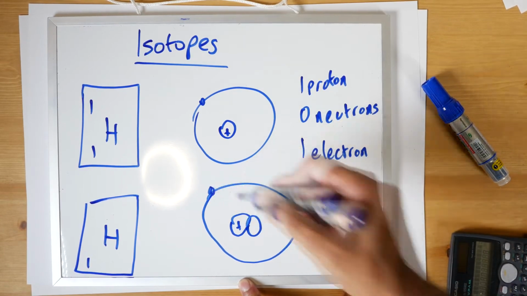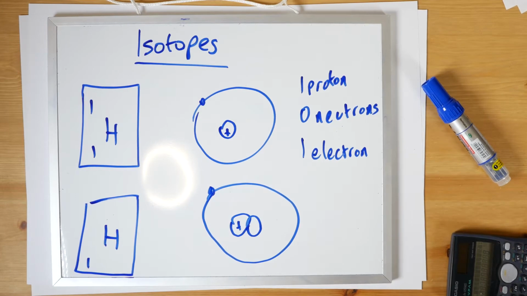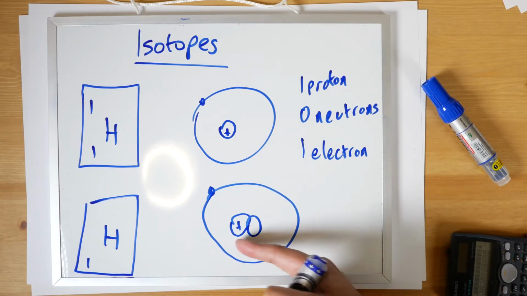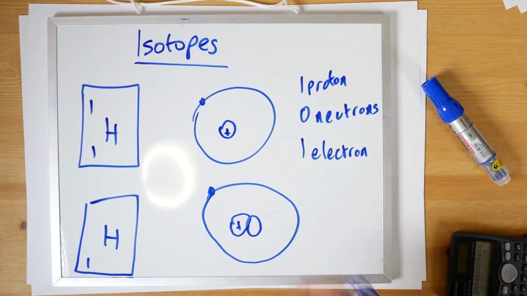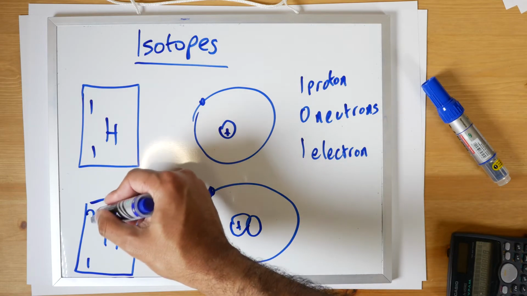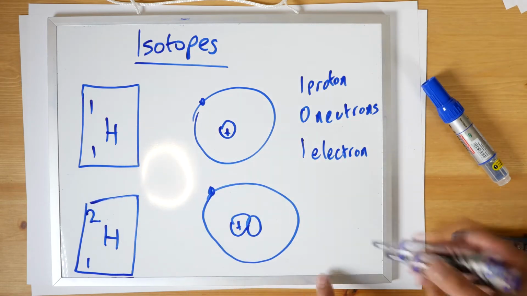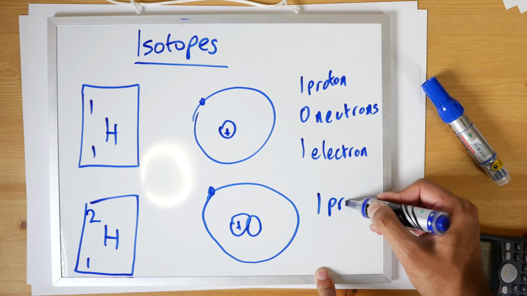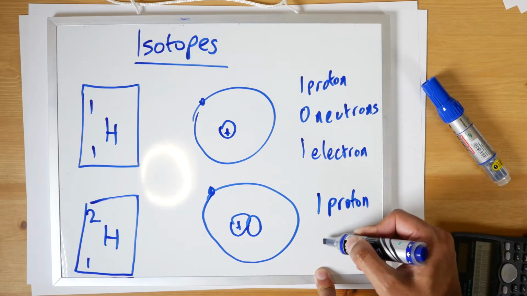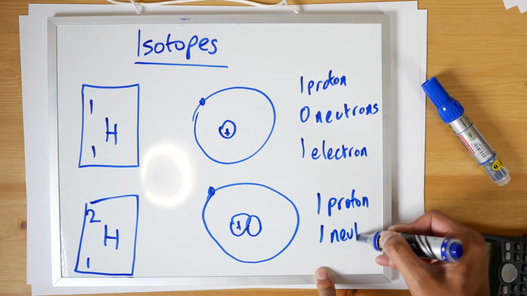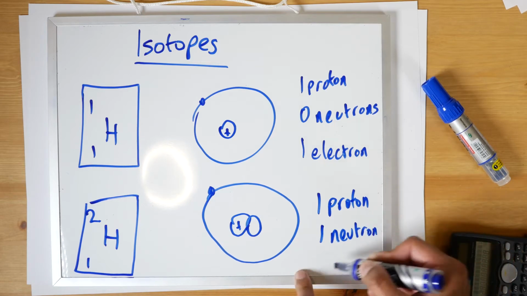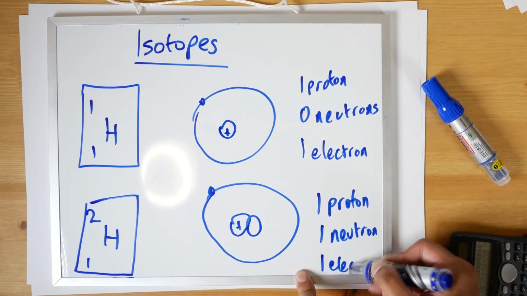And the electron is going to be here. It's very badly drawn, but you get the idea. Now, because you've got two subatomic particles in the nucleus, you have a different mass number. So here we've got one proton, one neutron, and one electron.